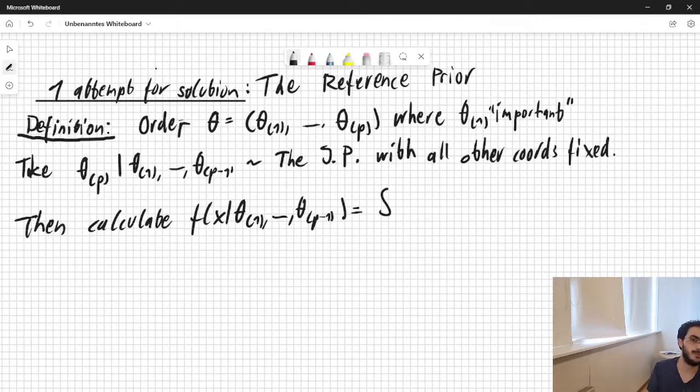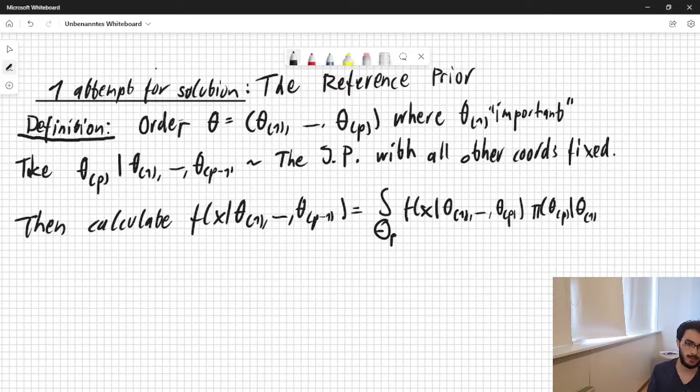I'm not going to explicitly write the definition, but I'm just saying this is the area over which theta p can change, over f of x given theta 1 up to theta p times the chosen distribution, which I'm going to write as pi of theta p given theta 1 up to theta p minus 1, with respect to theta p.